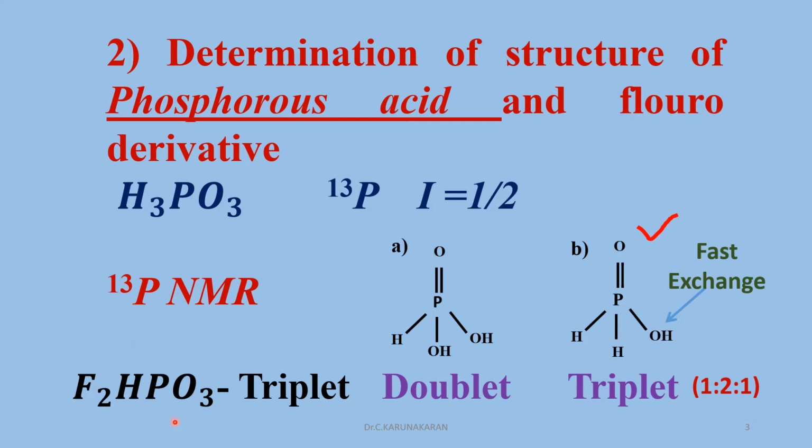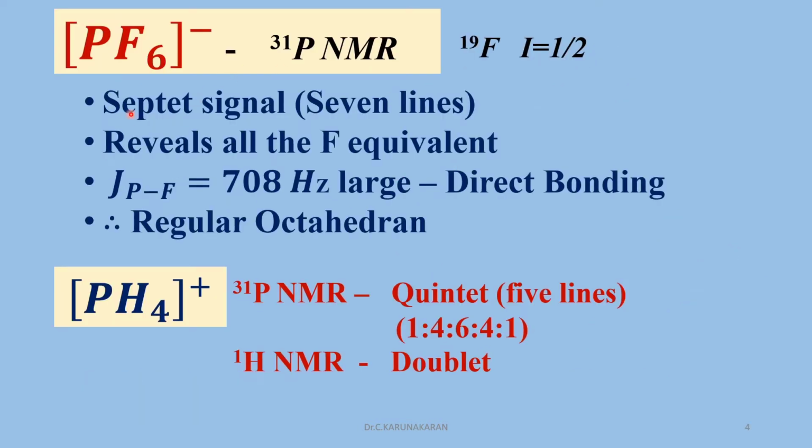Similarly, the structures of fluoro derivatives are also obtained. What is the structure of PF6 minus? It is elucidated using phosphorus 31 NMR. Sorry, previously I said 15; phosphorus 31 is the mass number.